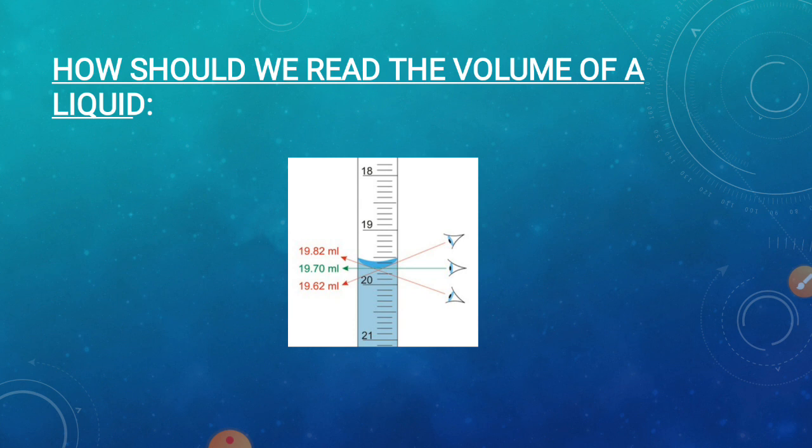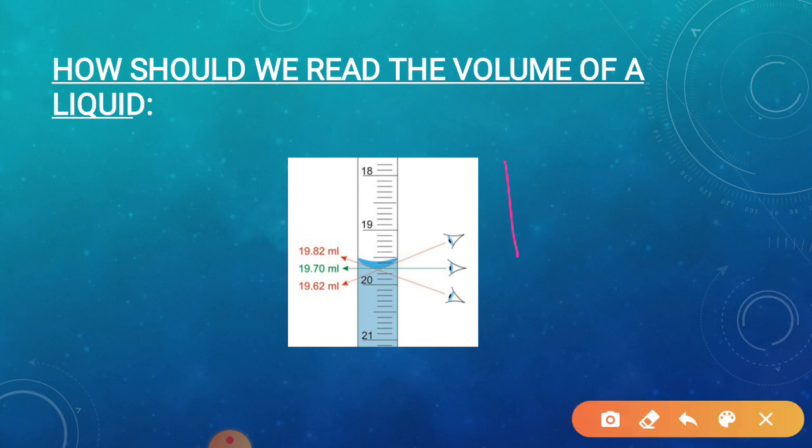So I am repeating the question. 1 liter is equal to how many milliliters? The next one is 1 liter is equal to how many cubic decimeters?